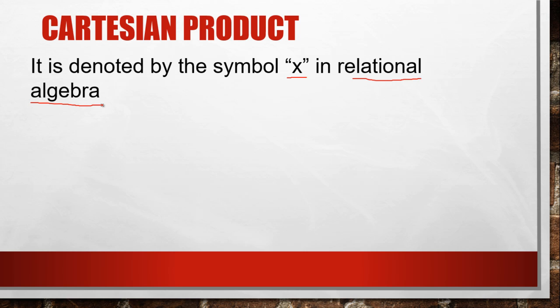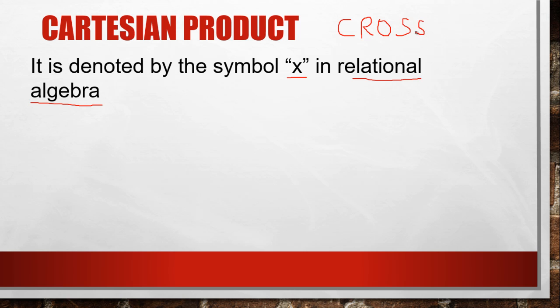Okay, and this Cartesian product is also known as the cross product. So remember one thing while noting it down, write down the other name of it, that Cartesian product is also known as the cross product, right?